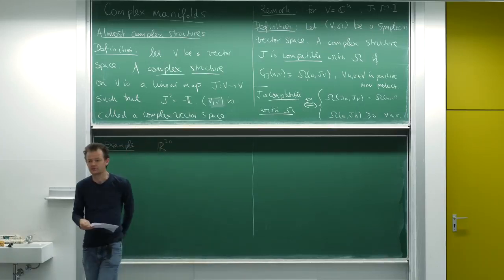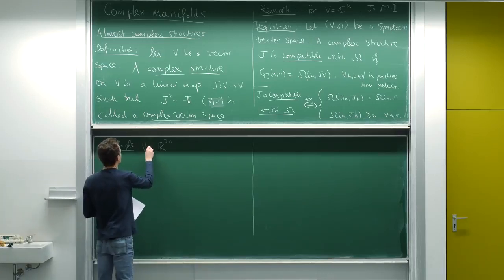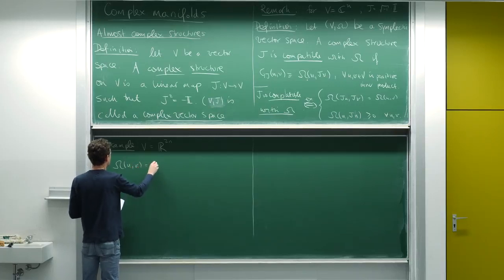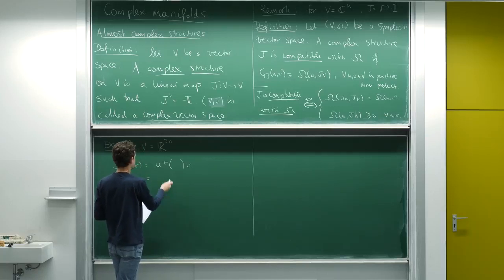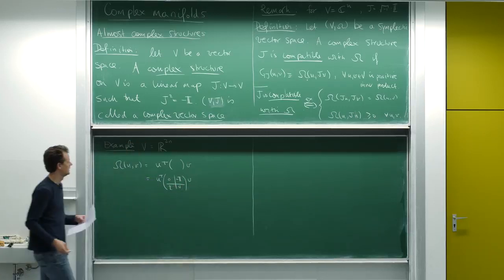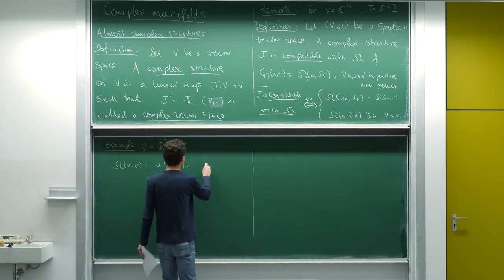So let's take R^2n. This is our vector space V. And we'll take the bilinear form, symplectic standard basis.